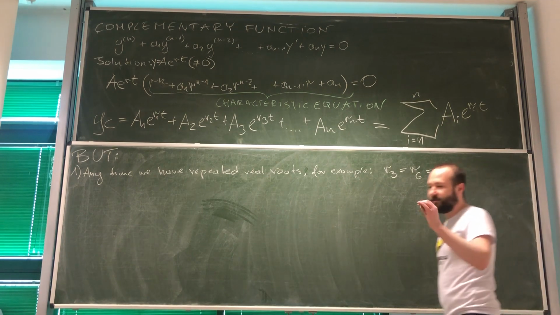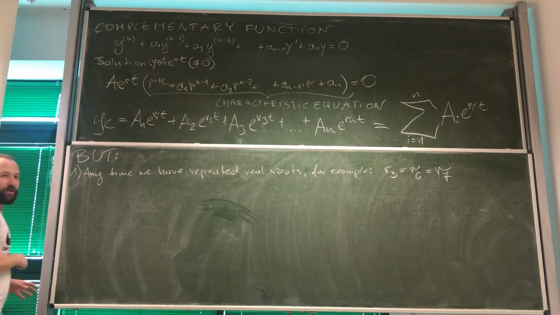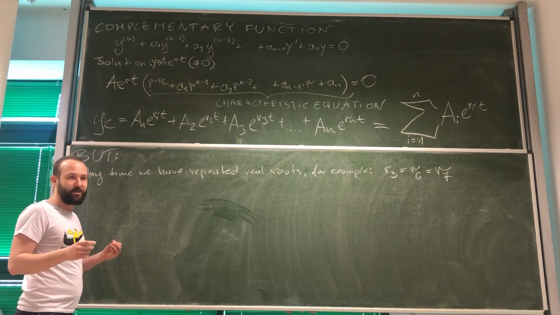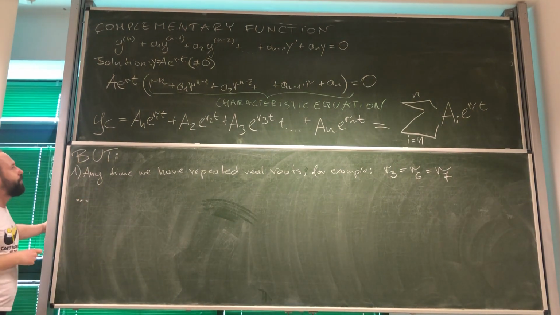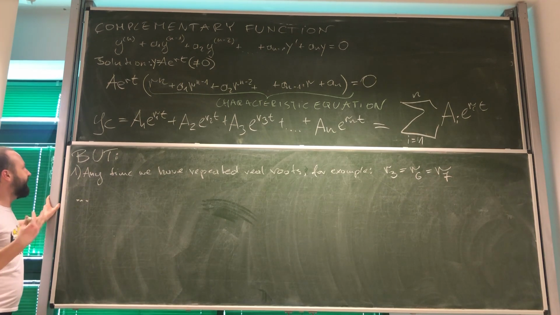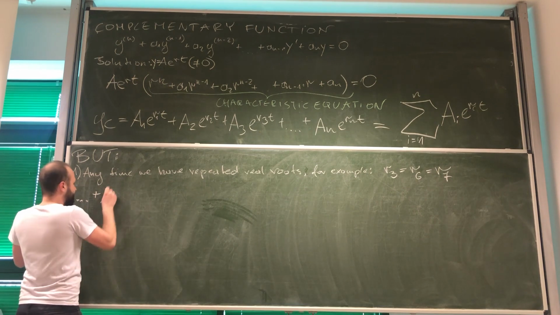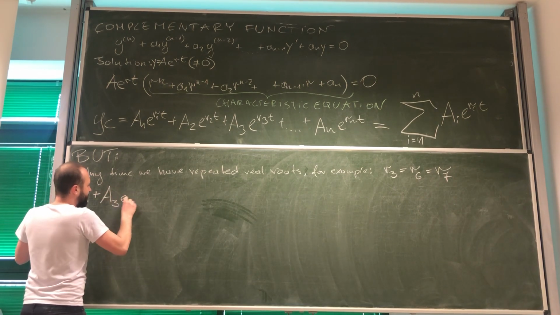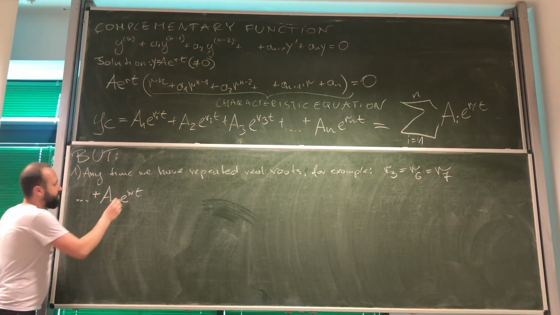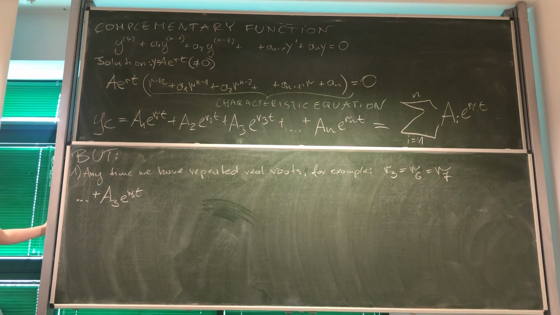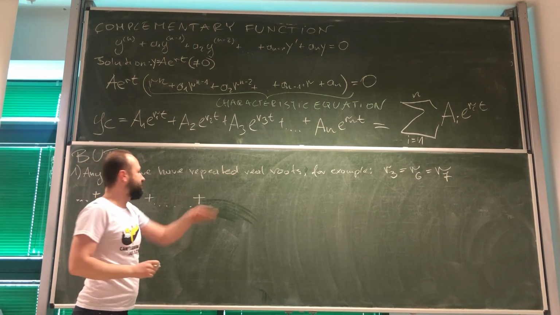We use exactly the same trick we used with repeated roots before. Look, our complementary function would start with some a1 e to the power r1t plus a2 e to the power r2t. We would get to the r3, and we would write a3 e to the power r3t. Then plus some more components, and then we would get to R6.